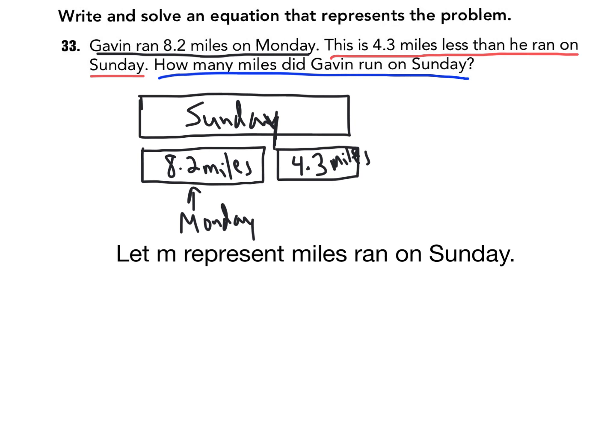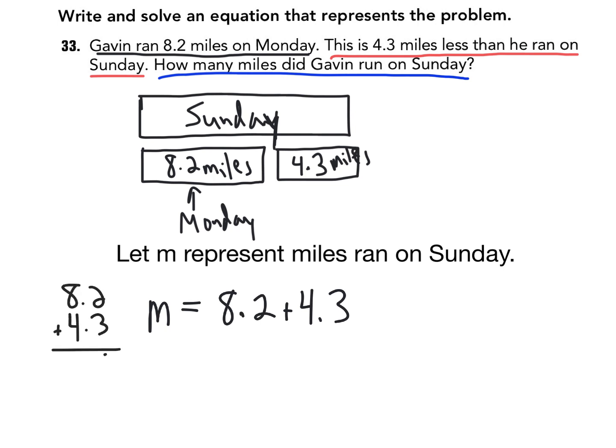And then our equation, how we have the bar diagram set up, it looks like the miles would be equal to 8.2 plus 4.3. And so if you add those two together, it would be 12.5 miles.